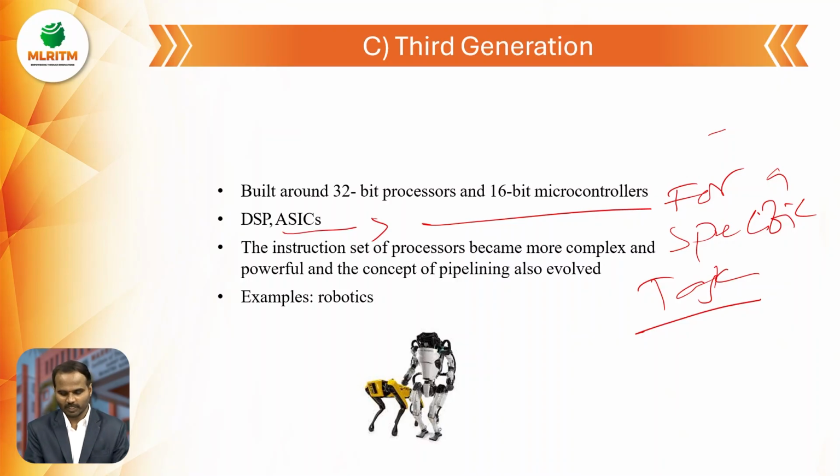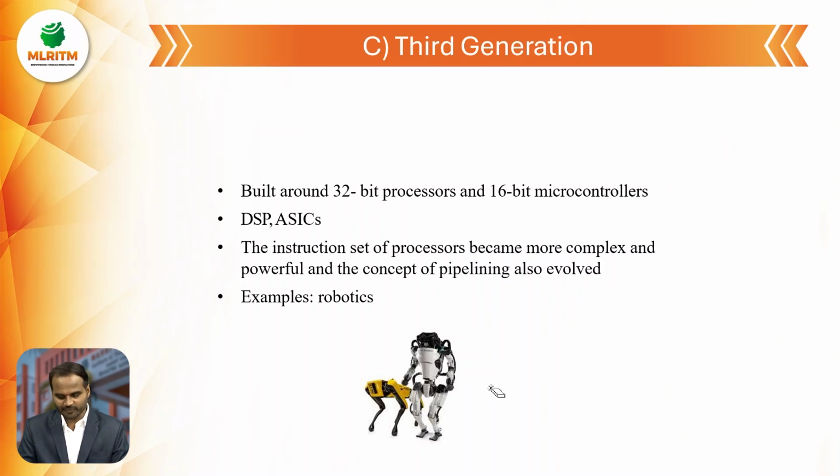Likewise, we use DSPs and ASICs in the third generation. The instruction set of the processor became more complex and powerful, and the concept of pipelining also evolved.